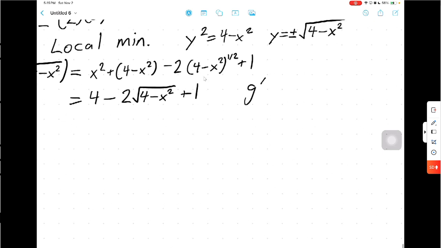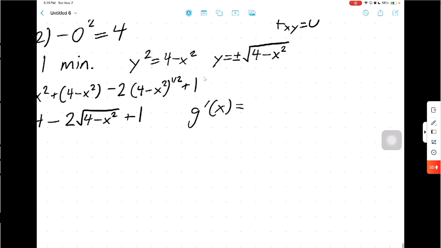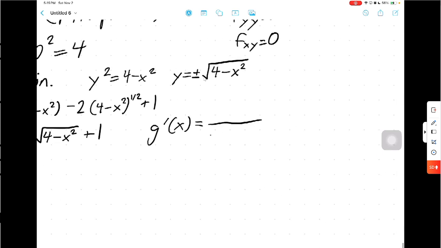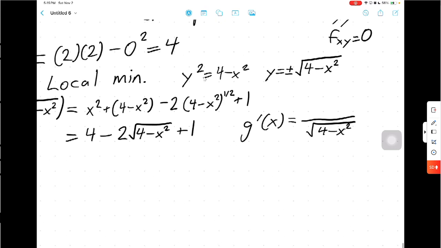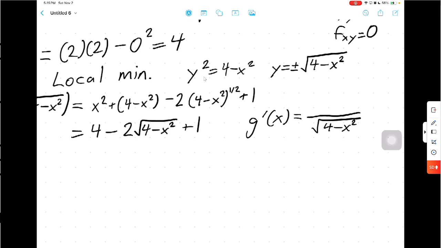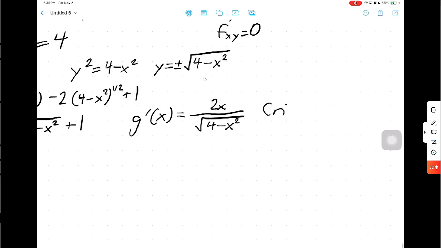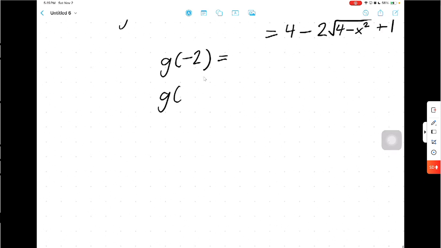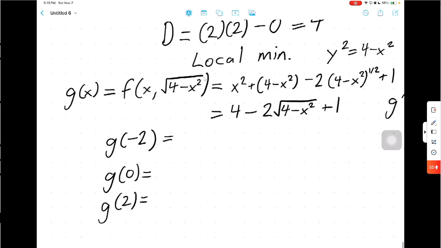I forgot to check the critical points, which is just 1 over 2 root of 4 minus x squared times -2x, which is going to be negative x over this, and then a minus 2, so we get 2x over this. The critical point here is x equals 0. So we have -2, 0, and 2.